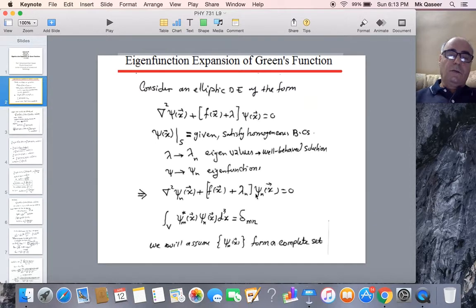We'll assume that the wave functions are orthonormal, that is, the integral over V of psi m star psi n of x d3x is delta mn, which means that this set of functions psi sub n forms a complete set.